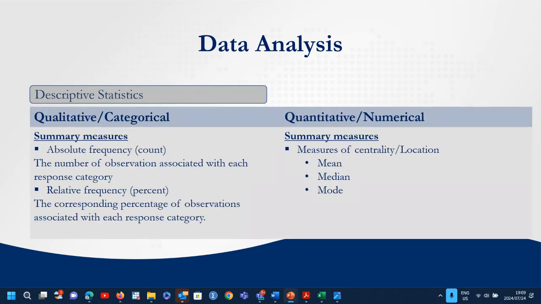So in terms of how you summarize, if the variable is qualitative, then we count how many are in each category.